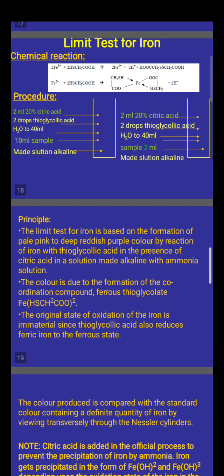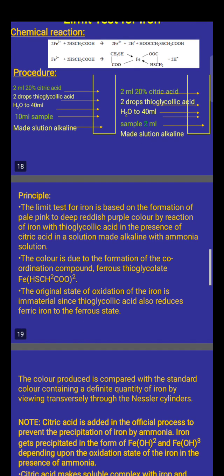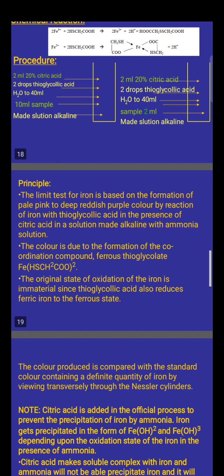First of all, we will see the role of each and every chemical that is used in the iron test one by one. Thioglycolic acid, see the principle. The limit test of iron is based on the formation of pale pink to deep reddish purple color by the reaction of iron with thioglycolic acid in the presence of citric acid in a solution. It is made alkaline with ammonia solution.